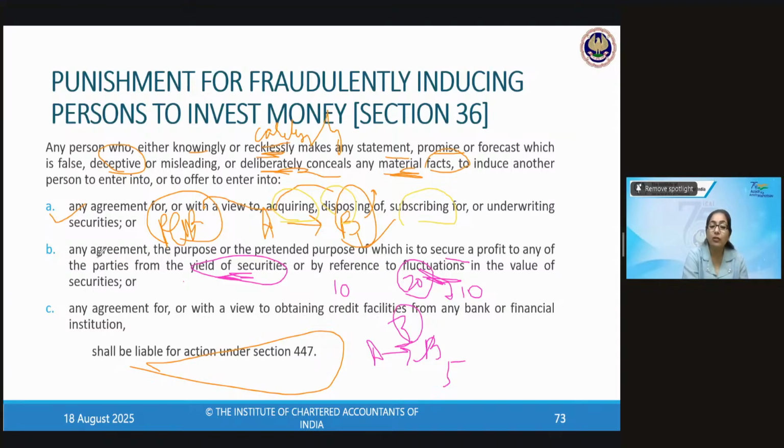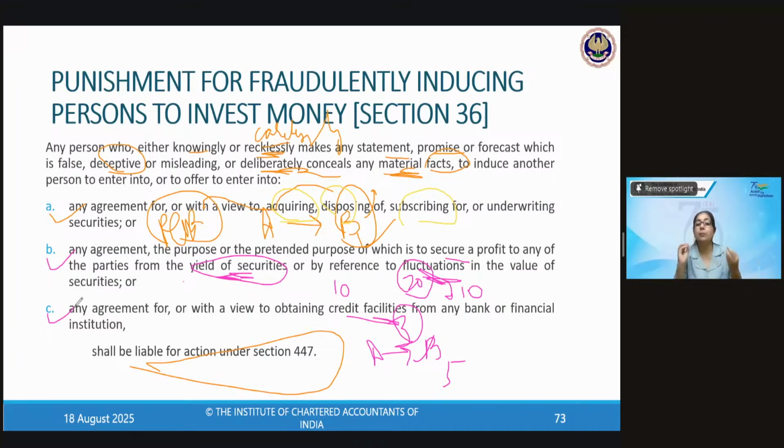So such kind of agreement where you want to earn profit for any of your parties, or you want certain credit facilities from the banks or financial institutions, that's why you are inducing the person to buy the shares. आपको कुछ उधार चाहिए, पैसा चाहिए, क्रेडिट फैसिलिटीज चाहिए बैंक से, इस करके आप इंड्यूस कर रहे हो किसी को कि वो शेयर्स बाय करे मार्केट. तो ऐसी कोई भी तीनों में से एग्रीमेंट, an agreement to induce the other person to buy and sell the securities of another company, an agreement to make profits for the other parties from the yield of securities or fluctuations in the prices, or any agreement in order to obtain any credit facilities from the banks or institutions.